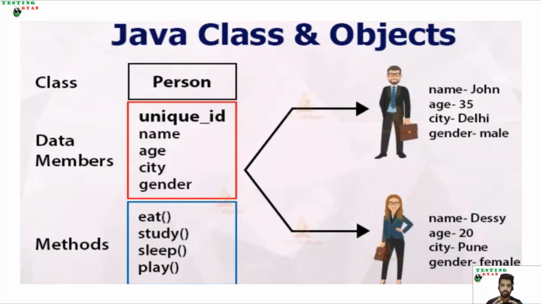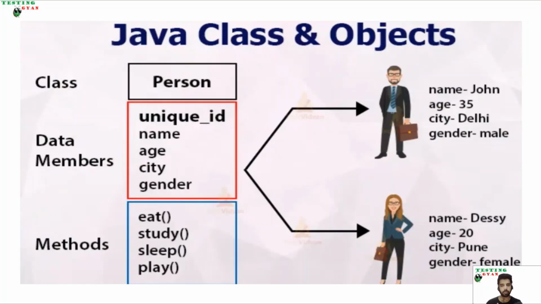All these things will be part of my class as data members, and the actions I can perform with a person come into methods. A person can eat, study, sleep, play, and every other thing you can think of, you can take up in methods.